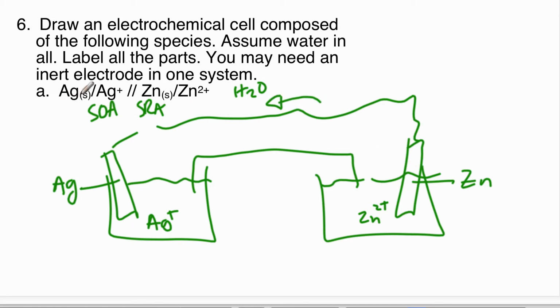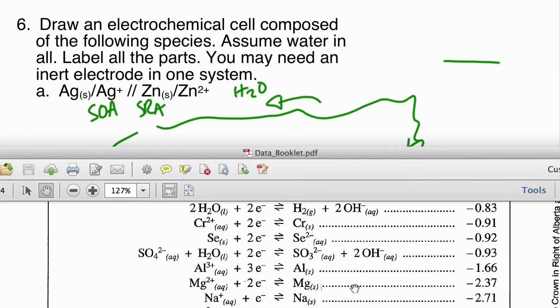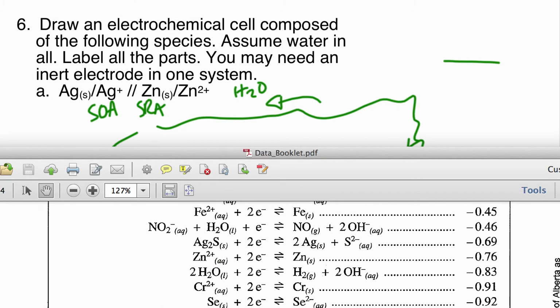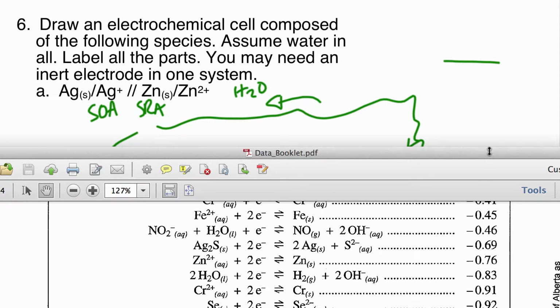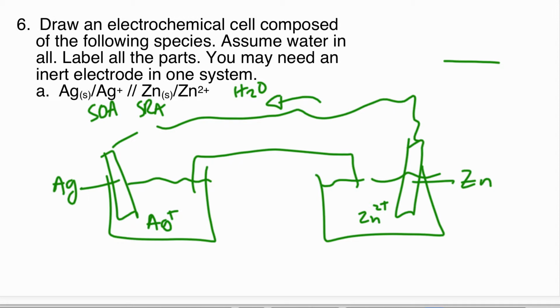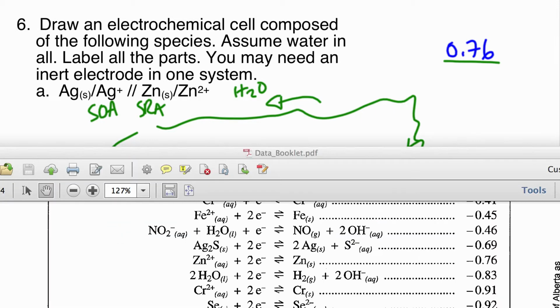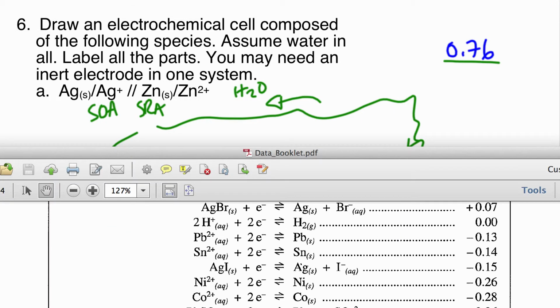If you look on your chart, look up silver's number, put zinc's number backward, and you can get what the voltage is for that cell. Oh, maybe we might as well do it. Zinc's voltage. Where's zinc? Negative 0.76, but I have to change that to positive. So positive 0.76. And then the one for silver is way at the top.